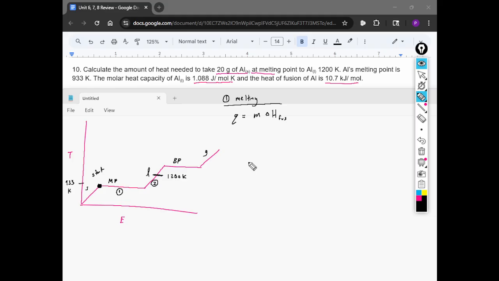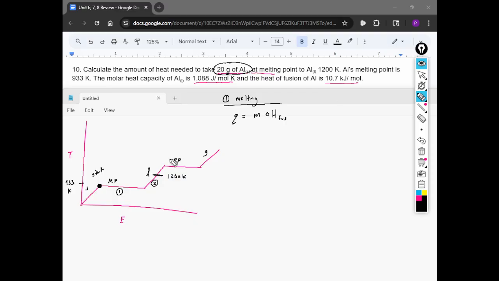Okay, but for this one, you've got to be very careful with the units of measurement. If you notice, what is the original unit of measurement given for the amount of aluminum we're working with? Grams. We're given grams. But if you look at the heat of fusion, it gives you kilojoules per what? Mole. So we've got a discrepancy here.